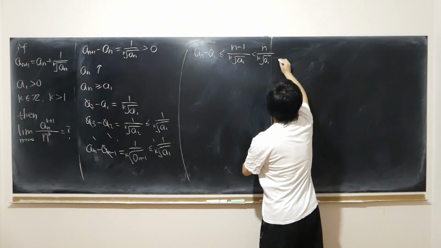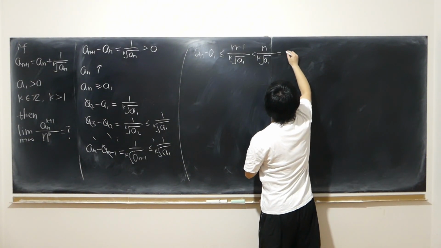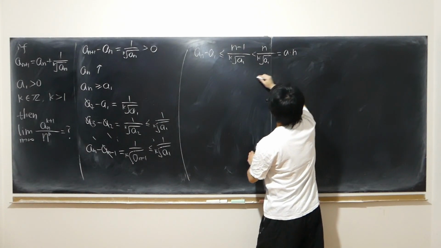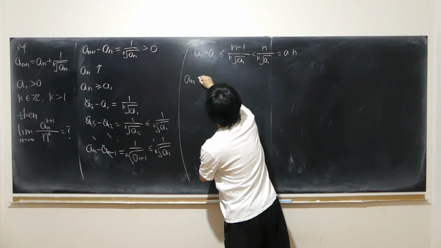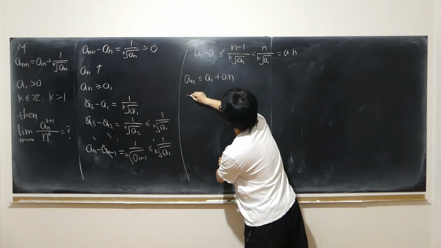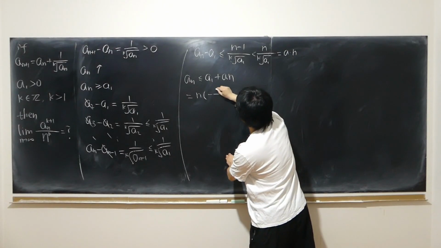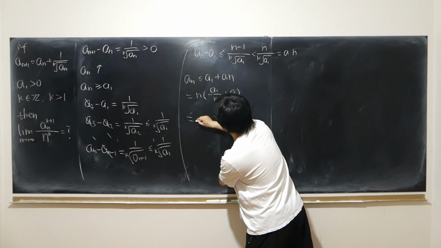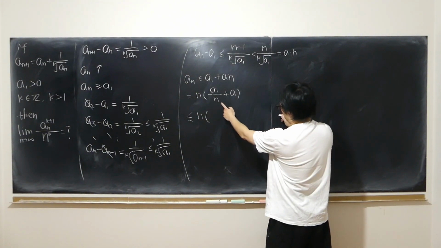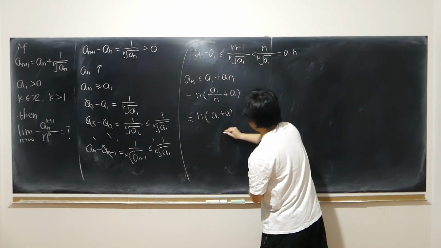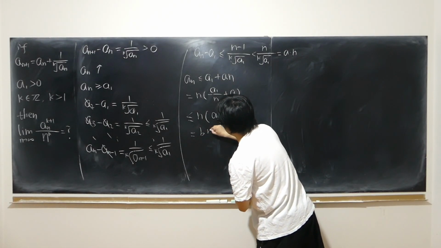Right, so maybe let's rewrite it as some positive constant times n, I denote it as a. So a_n is less than or equal to a_1 plus a times n, which is less than or equal to n times (a_1 plus a), replacing n with 1, denoted as b times n.